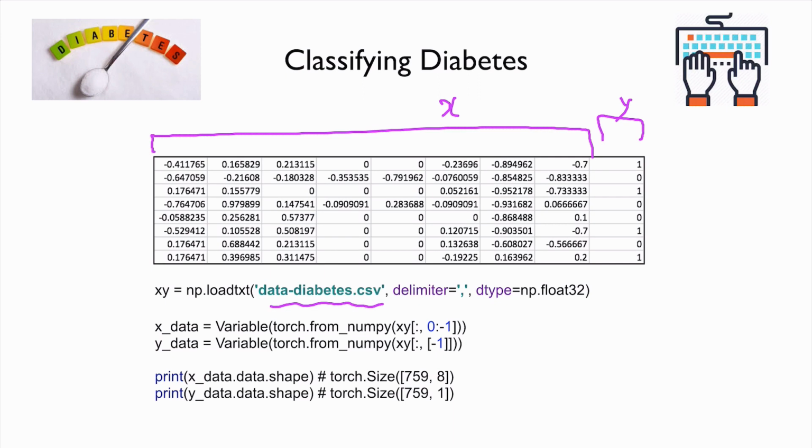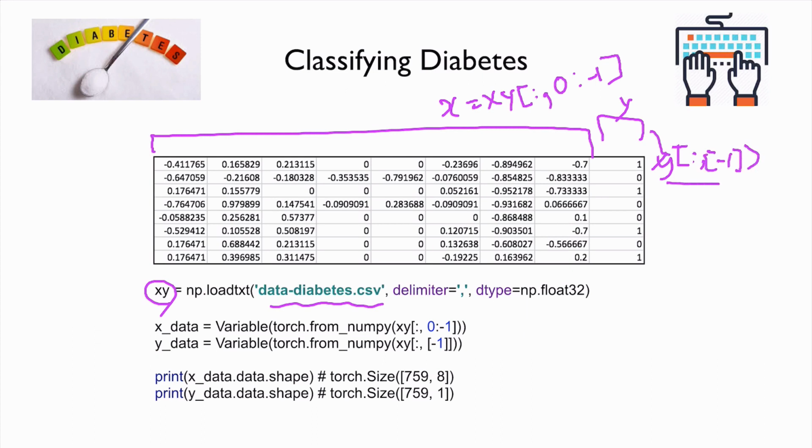So we just read everything using NumPy's utility function, and then get everything into XY. This X can be XY, everything, from column 0 to n-1, which can be expressed as 0 to -1. And then for Y, we're going to take only the last column, which can be expressed as XY, everything, and then the last column.